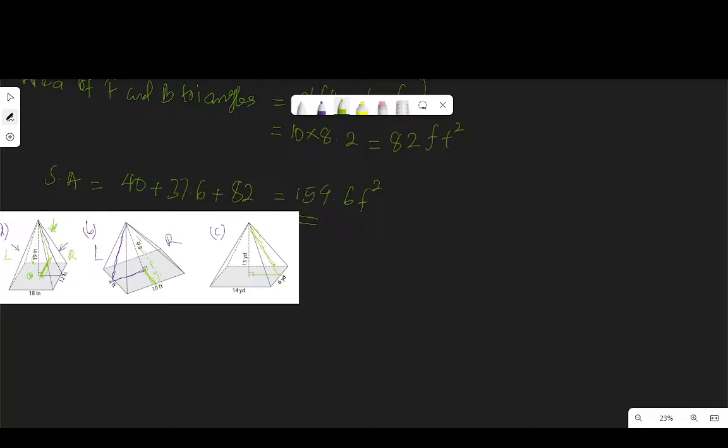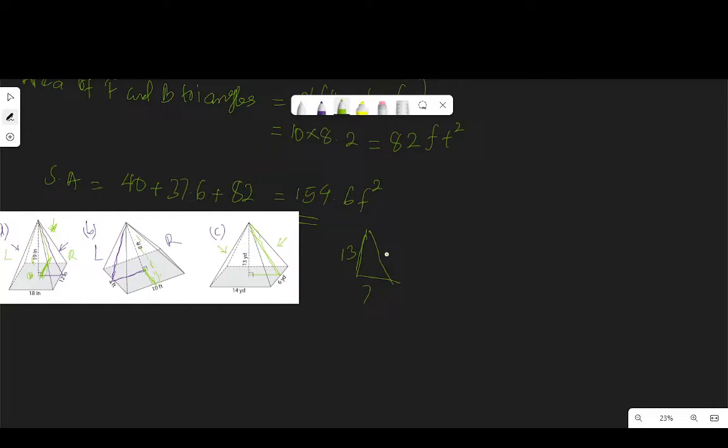This line here is the height of this triangular face, and this triangle here and the one right here are exactly the same. So let's use Pythagoras to get the height. Let me reproduce the triangle here. Have this, this, and this. So this line at the base here is half of 14, which is 7. 13 yards is the vertical height. This height is what we need.